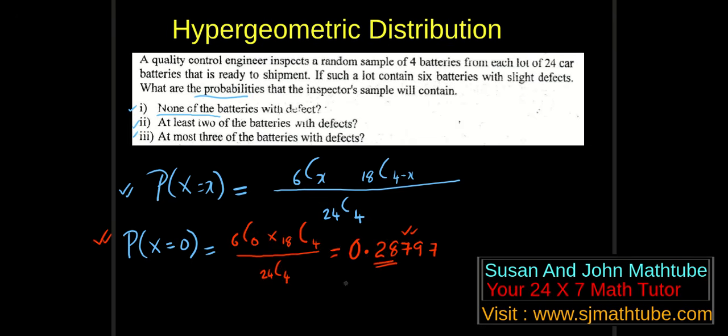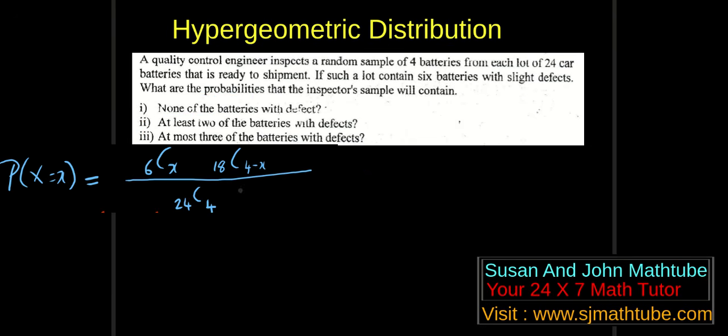Now let's go for the second part. So the second part is at least. So I think you know the word at least. At least means greater than or equal to. So the second part tells us find the probability the number of defective items, that is capital X, is greater than or equal to 2.